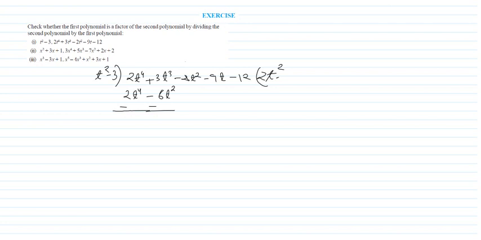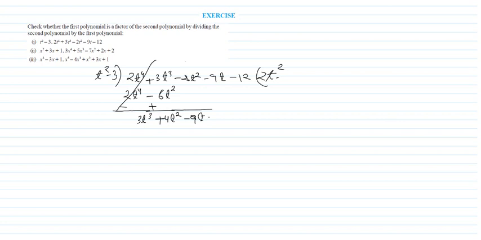It will become 3t cube minus 9t. Okay, so this will become minus, this will become plus, and these will cancel out. So we will have only 4t square minus 12.